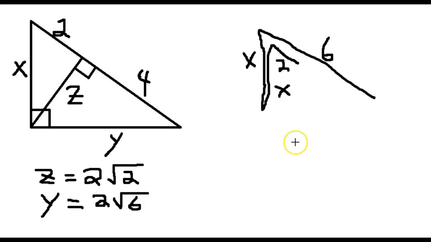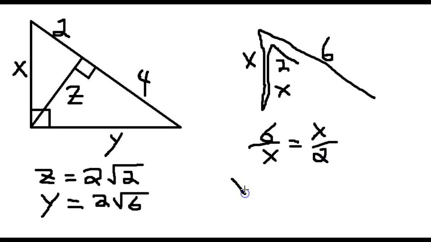So that allows us to write the proportion 6 over x is equal to x over 2.